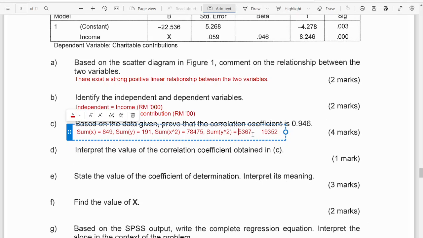And finally you have the sum of xy. So this is sum of xy.